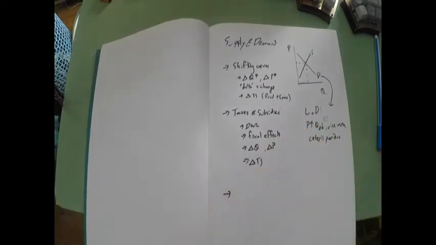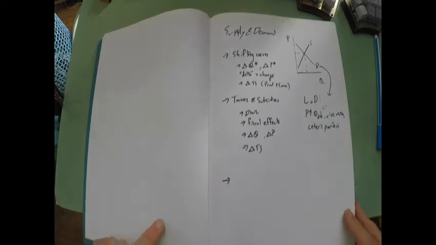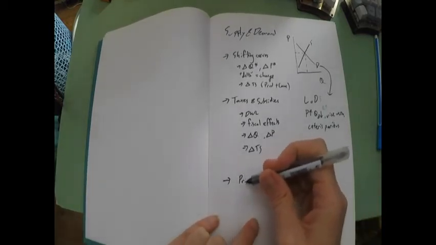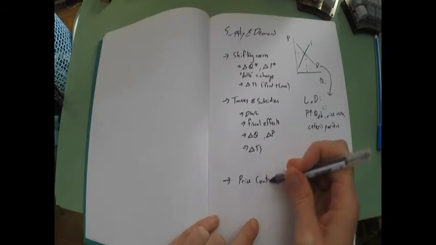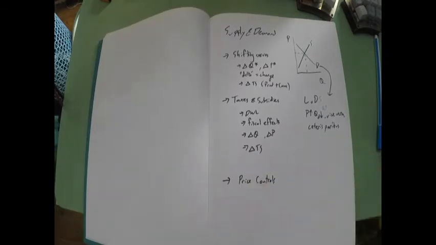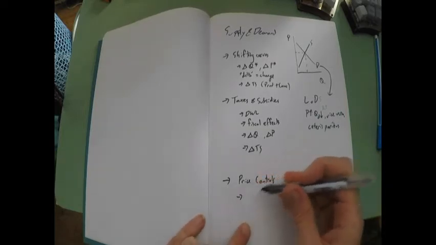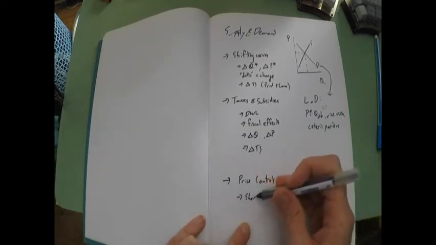Now what I'd like you to be thinking about and figuring out for the near future is going to be price controls. So price controls, again, we want to think about dead weight loss. Here we're going to also be thinking about shortage or surplus.